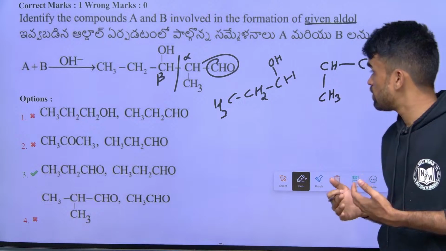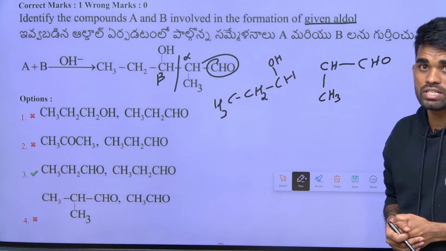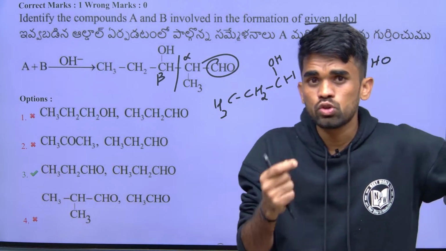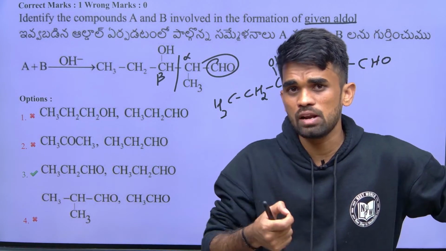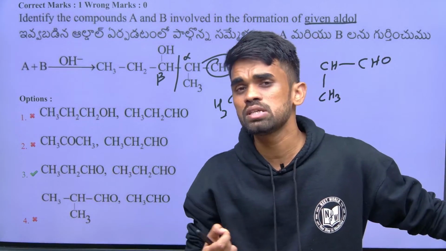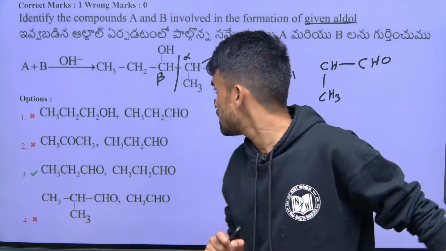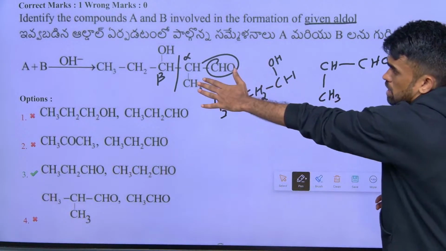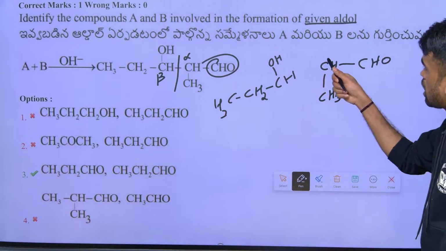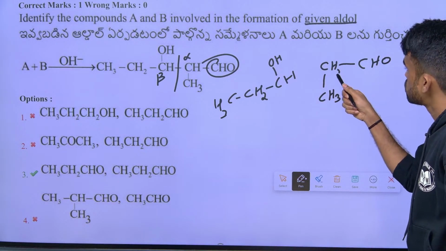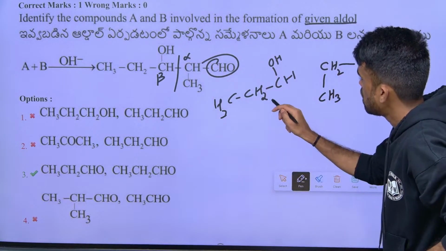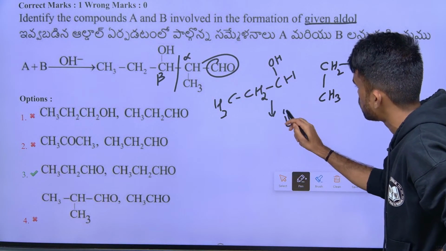So what we will be learning in the aldol condensation, basic definition you must revise it. When 2 moles of an alpha hydrogen containing carbonyl compound, upon treating with the base, form beta hydroxycarbonyl compounds, right? So now this is the beta hydroxycarbonyl compound. So just break this bond, this is the one part. Now the carbon valence is not satisfied here. So just place this 2, and here whatever the OH group is there, on that carbon you write it as CO, that's it.